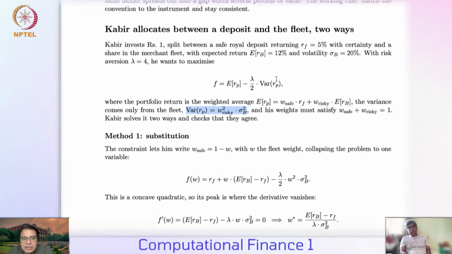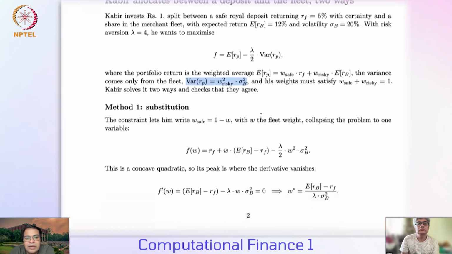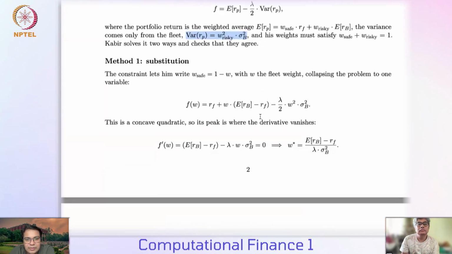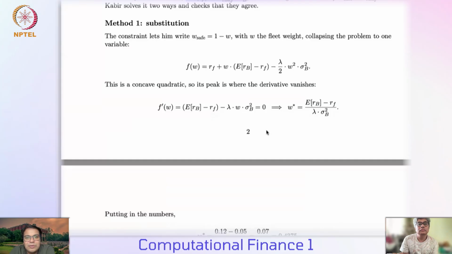So as we discussed, we can solve it in two different ways analytically, and there's a way to solve it computationally also, but let's first focus on how to solve it analytically. So method 1: because this is a two asset problem, you can write one asset in terms of the other. So we can express W as the weight that you are putting on the risky asset, and then W safe can be written as 1 minus W, because remember, W safe plus W risky was 1.